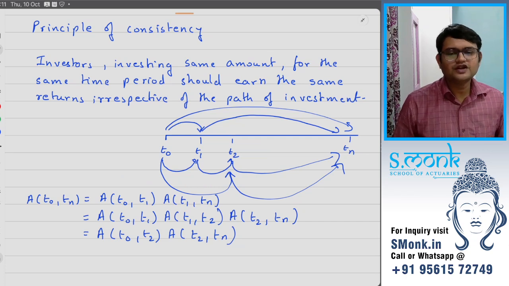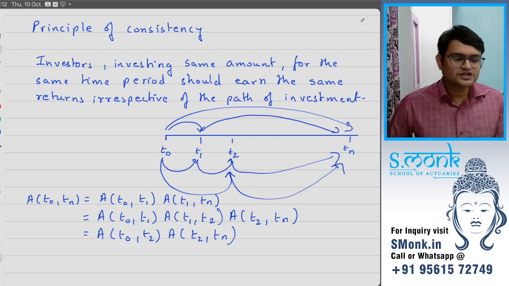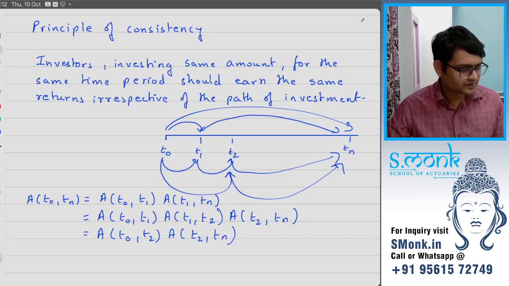Every different path that you can make should have the same returns. Let me know if there is any problem.